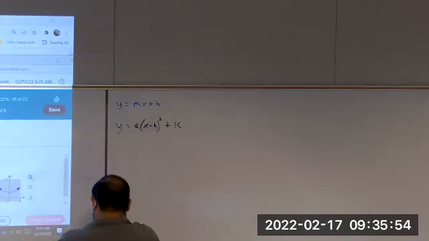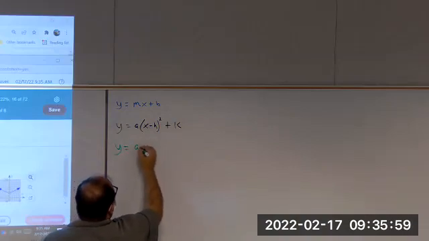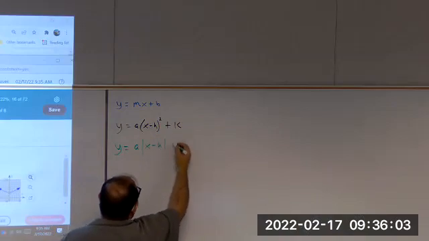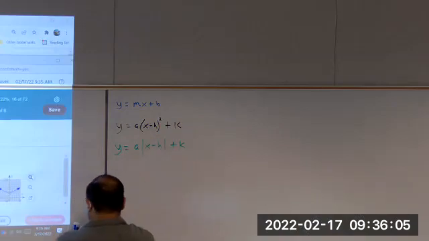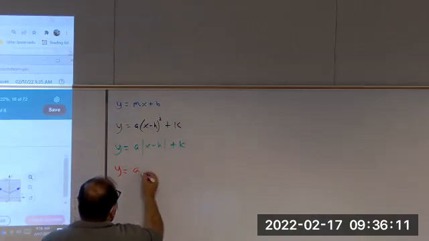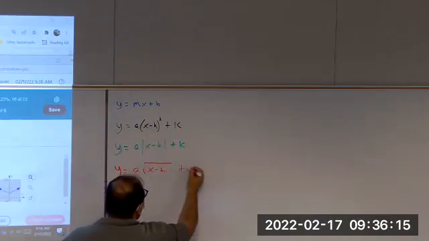We're going to graph y equals a times the absolute value of x minus h plus k. And we're going to graph y equals a times the square root of x minus h and then a plus k.